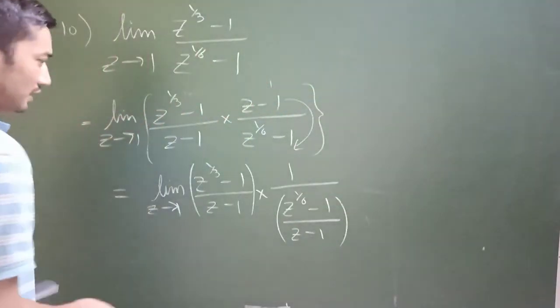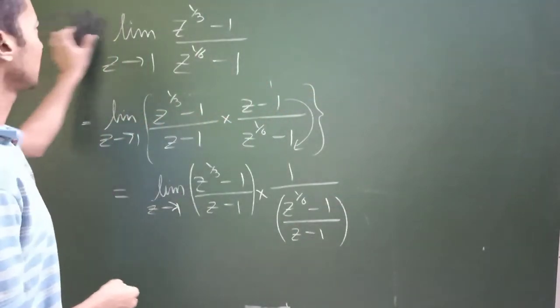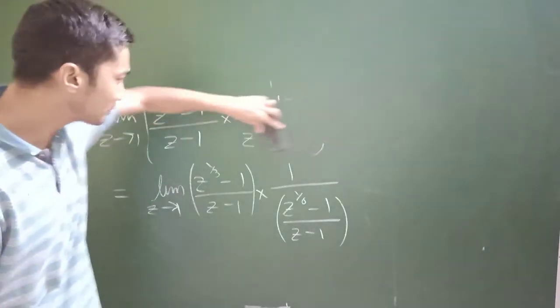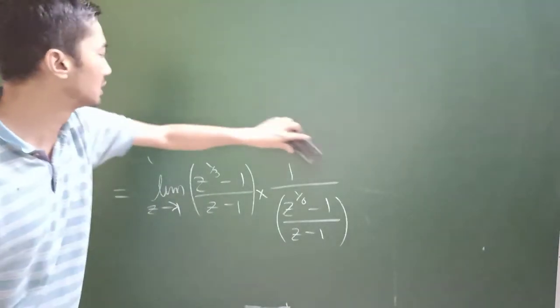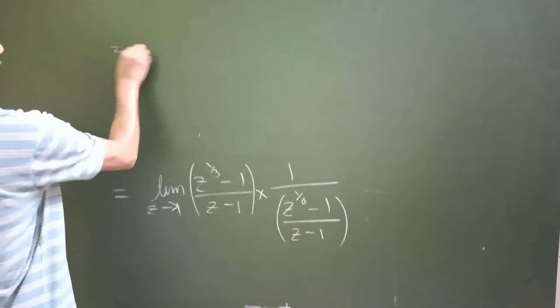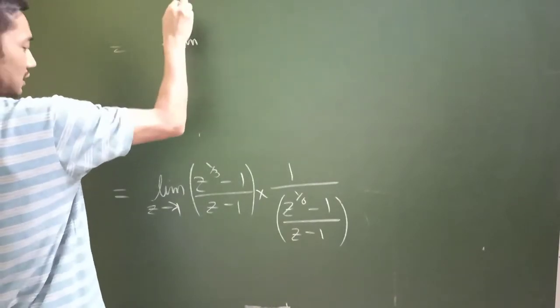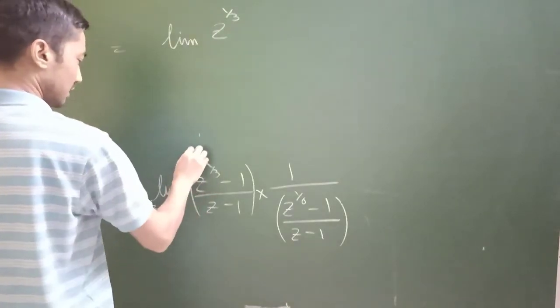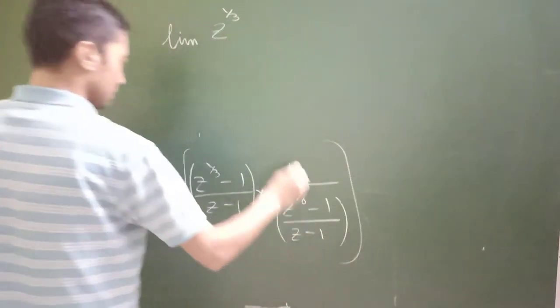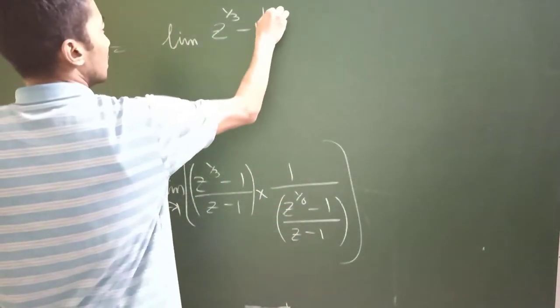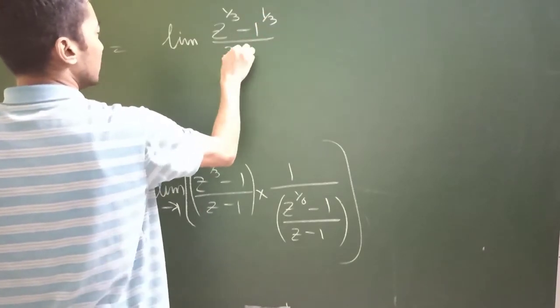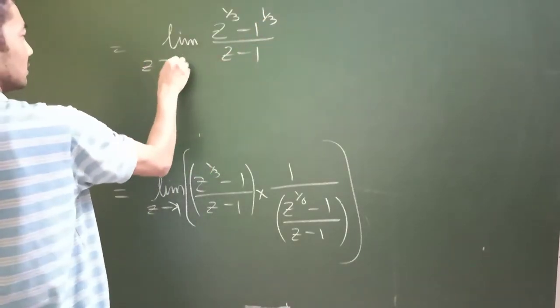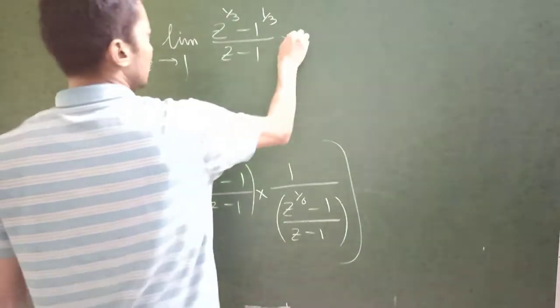What I'll do now is use that theorem, that concept. I'm going to remove this. So now what I can do is take the limit of the quotient, that is 1 by 3 into the limit as z tends to 1 of z power 1 by 3 minus 1 by z minus 1. I can write 1 as 1 to the power 1 by 3.